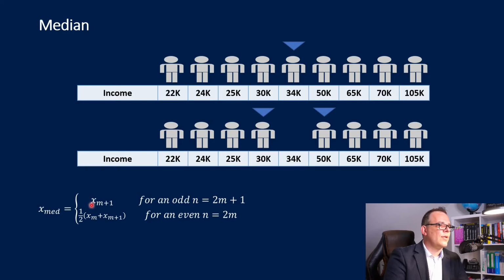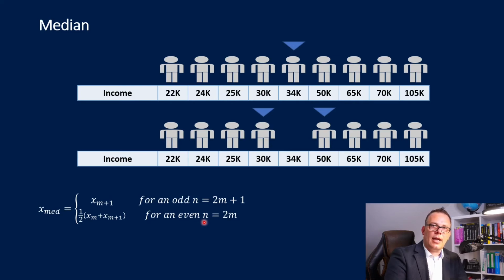And then, of course, x_(m+1). This is x_m, because if we halve this, 4 is a half. This is the 4th person, and the 4th person plus 1 is the one in the middle. This is how it can be written.